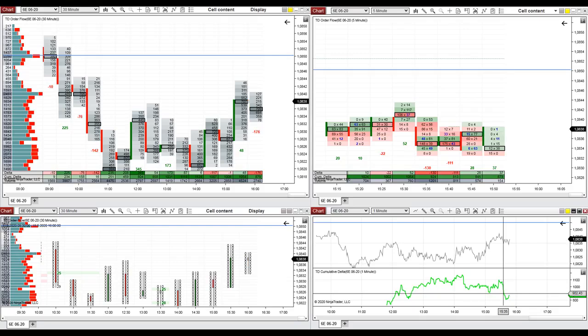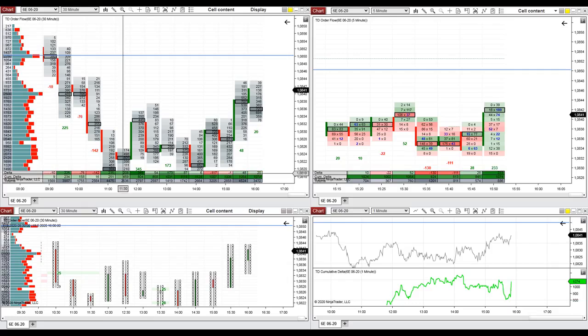Delta going downwards. Okay, buying imbalances, buyers jumping in, aggressive buyers in here.